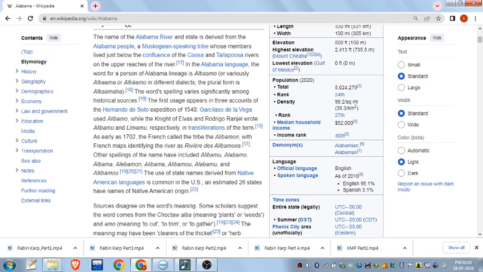Srihari, are you there? Can you share your screen? Srihari, seems there is any issue or something. I don't know.